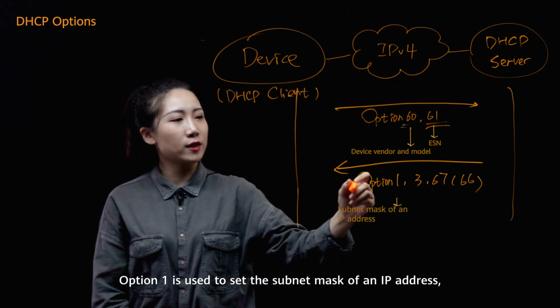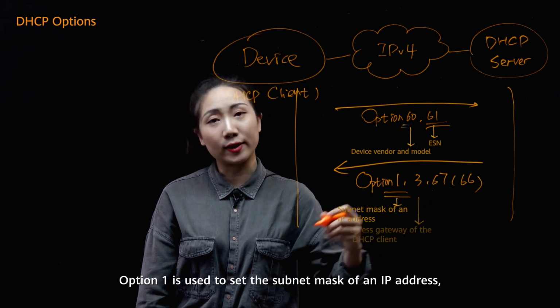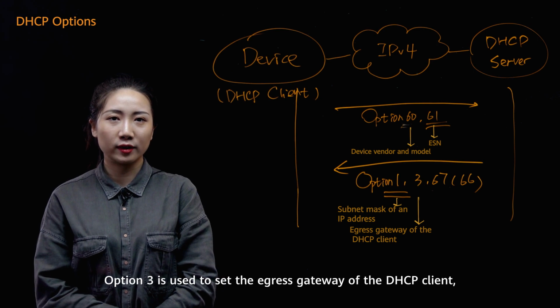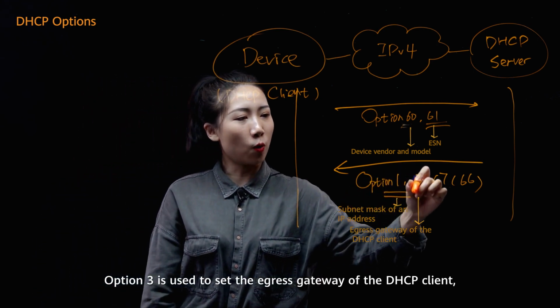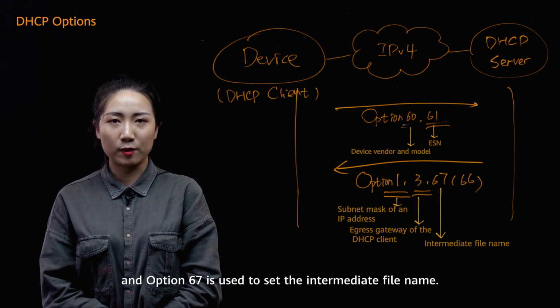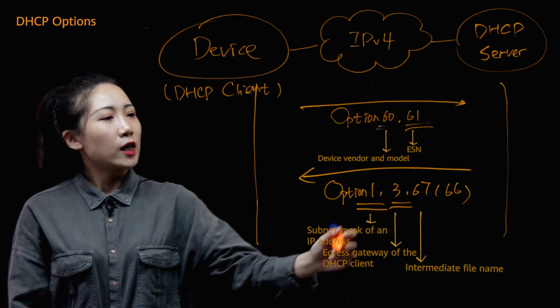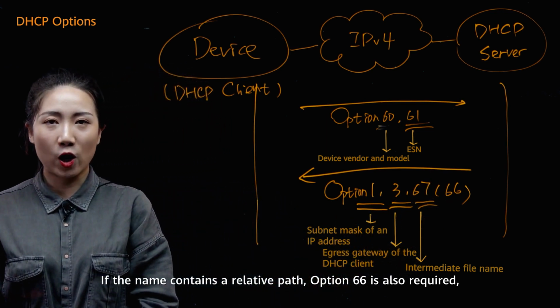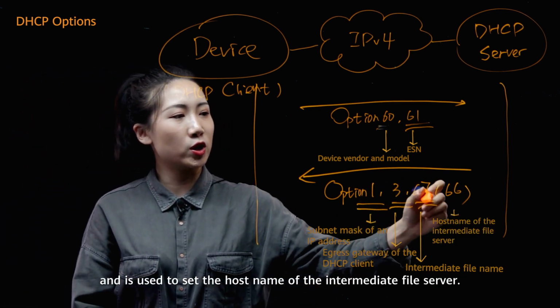Option 1 is used to set the subnet mask of an IP address. Option 3 is used to set the egress gateway of the DHCP client. And option 67 is used to set the intermediate file name.